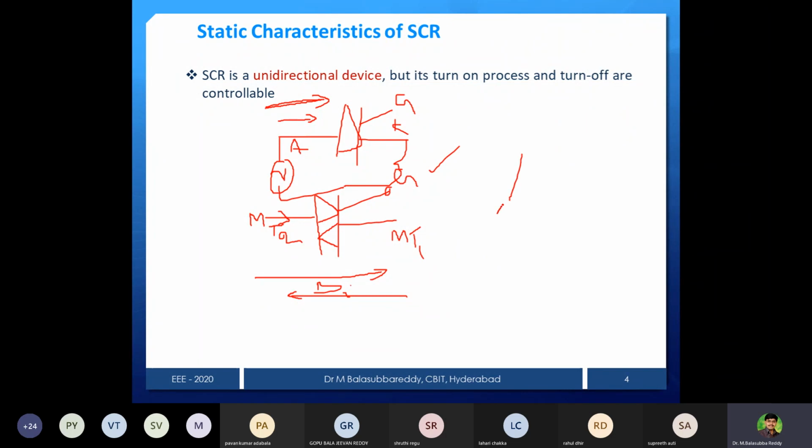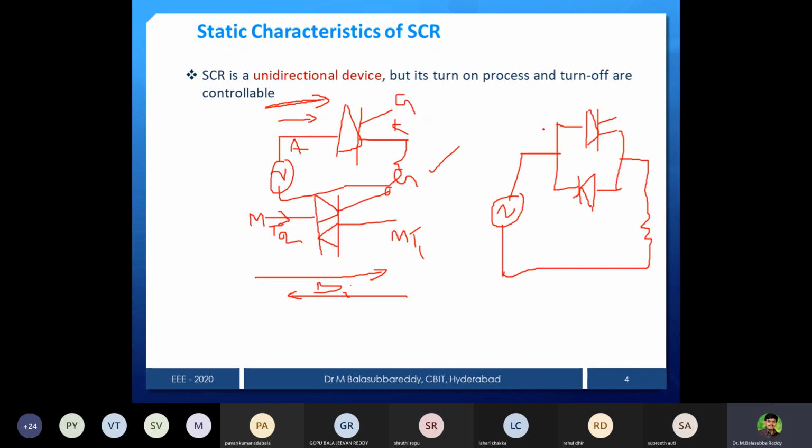That is the reason in an AC voltage controller we need to connect two things: SCR1 for the positive half cycle and SCR2 for the negative half cycle.